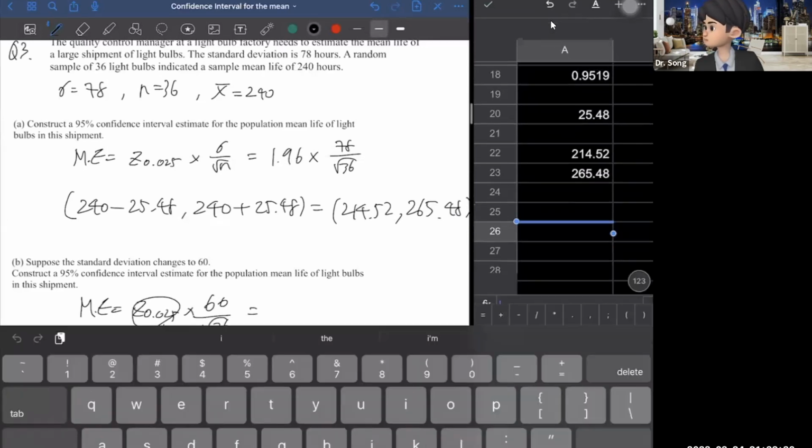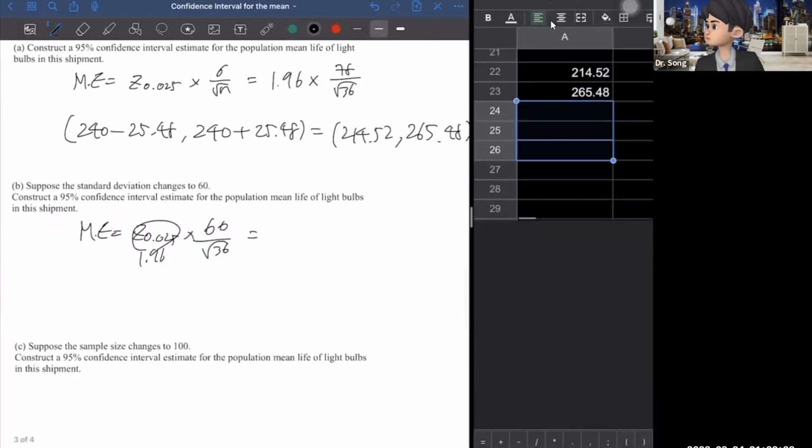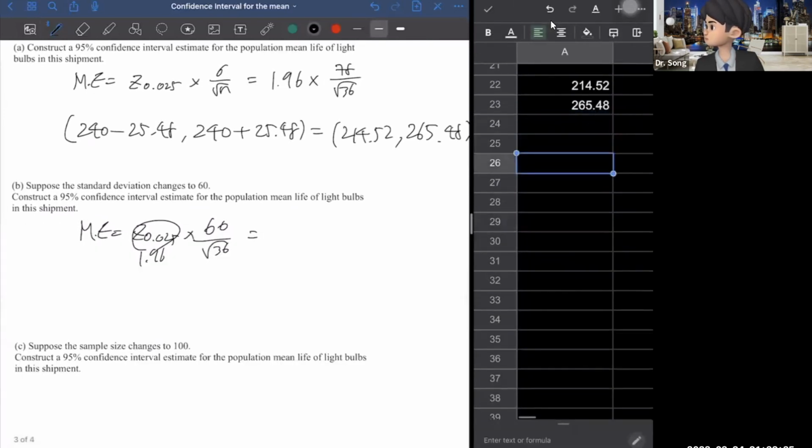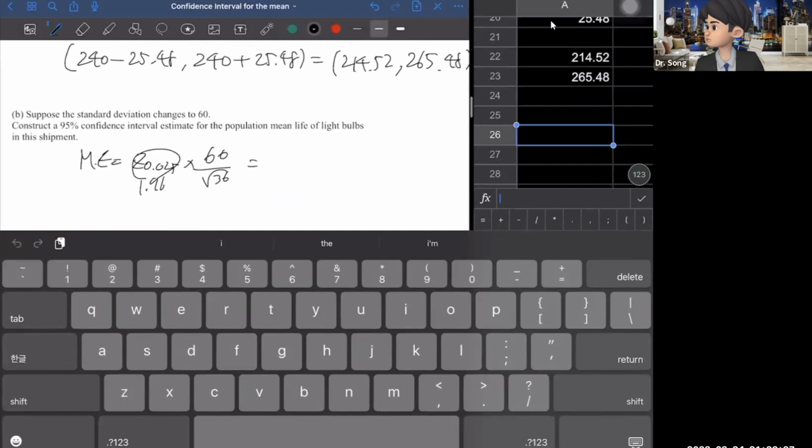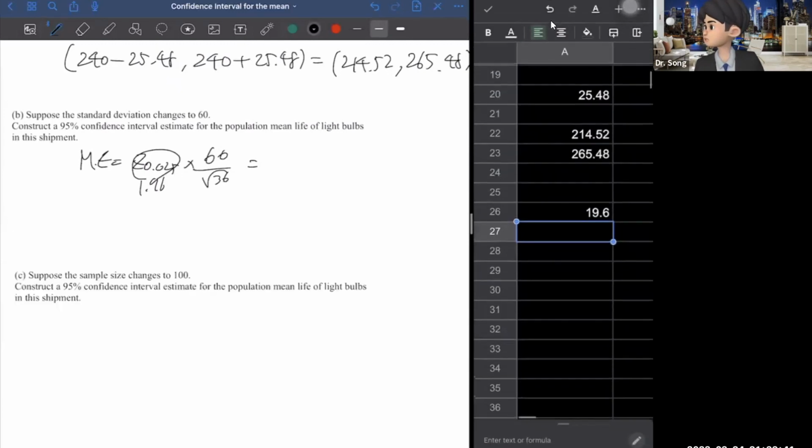So margin of error, you pick any cell and put the equality, 1.96 times 60 over 6, square root 36 equals 6. That's why I put the 6. So margin of error decreased to 19.6. It was 25.48. So this is 19.6.